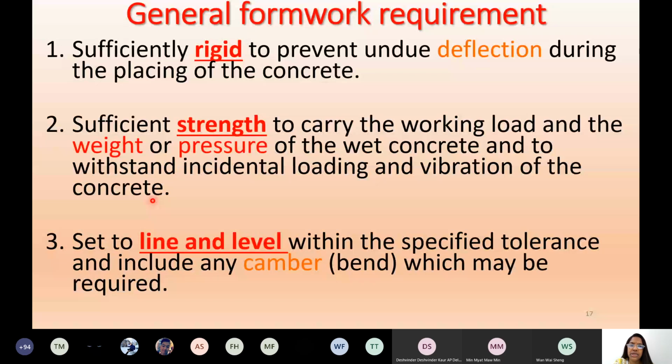So you need to design the formwork in such a way that it will bear the loads during construction: the working load and the weight or the pressure coming from the wet concrete, the people standing there pouring the concrete and moving, and later during curing, until the end of the period of curing. It should withstand all types of loading. Vibrations, yeah. After pouring concrete, they do the consolidation using machines, as in some of the videos you would have seen before.